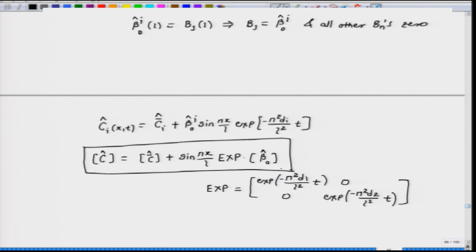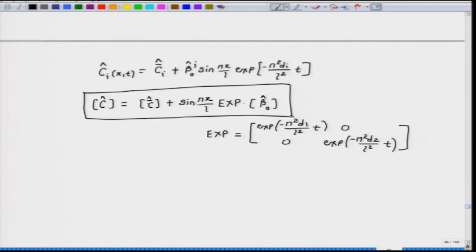Now, we want to convert back to the original basis. So, we do a reverse operation. If we pre-multiply both sides by the matrix P, P times C cap will be the original matrix C, the matrix of original concentrations. P times C bar cap would be the matrix of C bar.